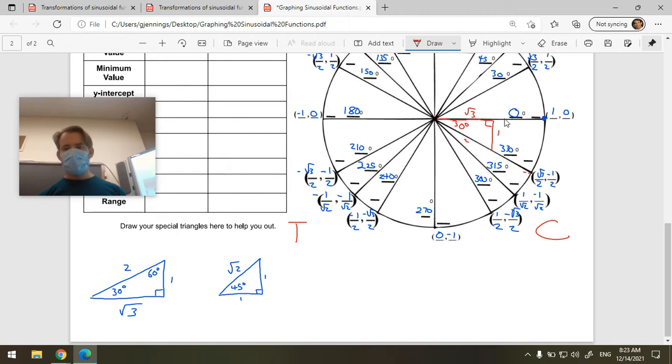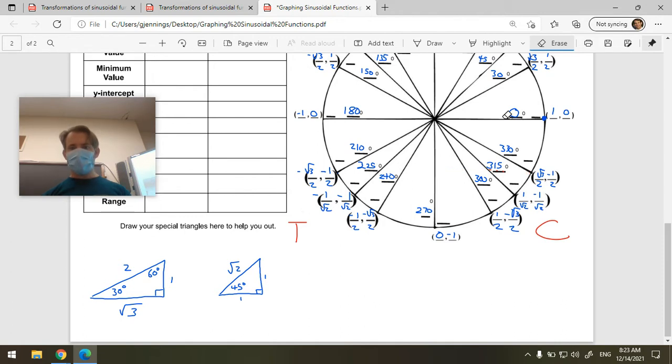You'll notice if I bring this over in a straight line, it's exactly half of the distance from the center of the circle to the circumference of the circle. So that's negative 1/2 in the y. So that's how you can get those points.